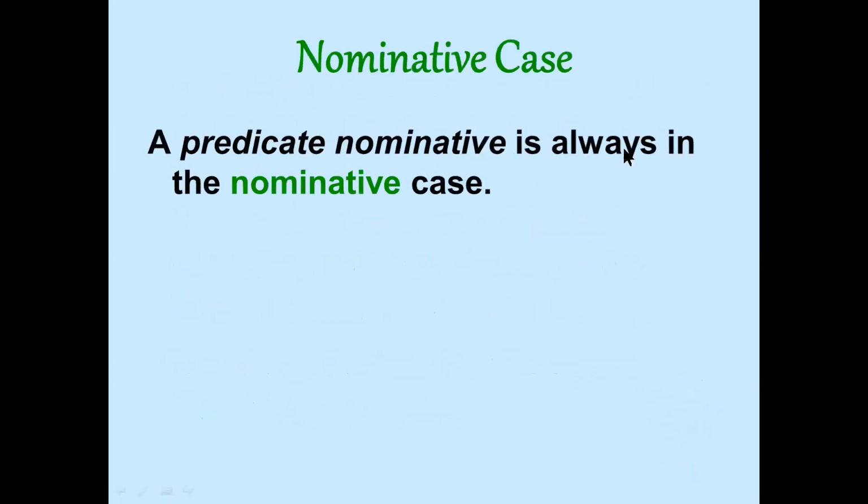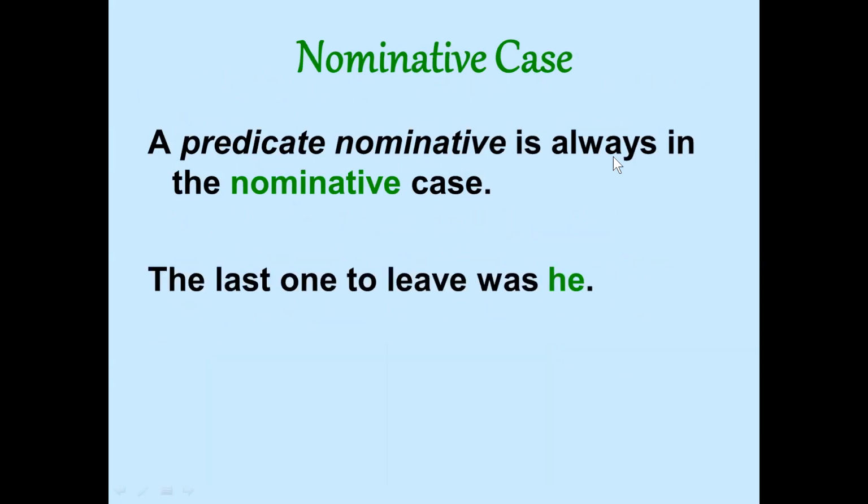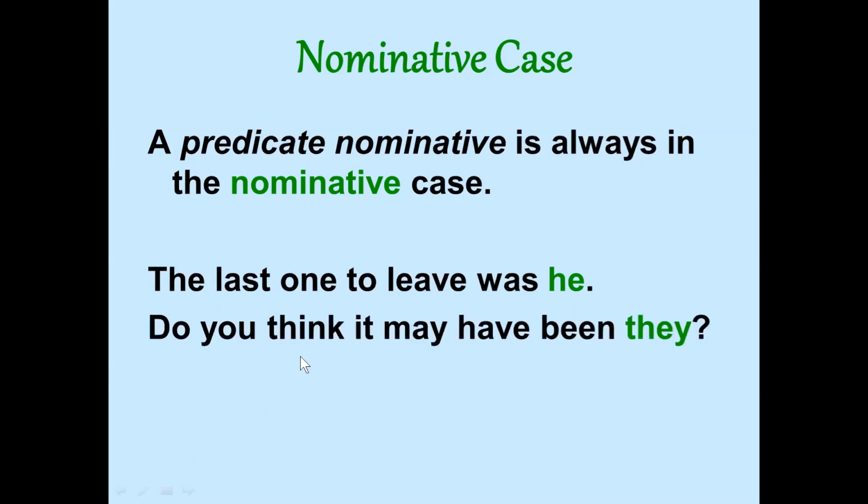So a predicate nominative is always in the nominative case, like the examples that I have here. The last one to leave was he. I can replace between he and the last one to leave, so I can say he was the last one to leave. Do you think it may have been they?